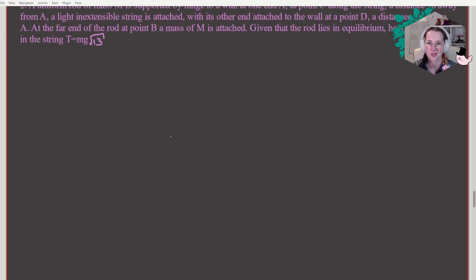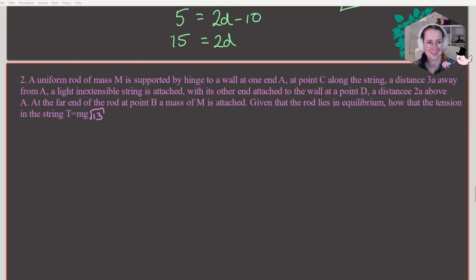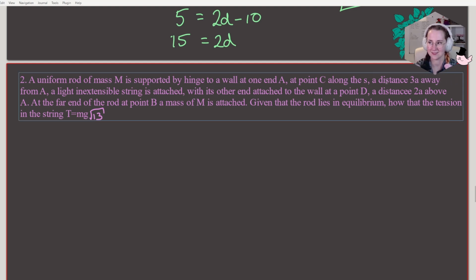Okay, next question. As always, we're going to start with a diagram. We have a uniform rod of mass M supported by a hinge to a wall at one end, A. At point C along the rod, distance 3A away from A, a light inextensible string is attached, with its other end attached to a wall at point D, a distance 2A above A. At the far end of the rod at point B, a mass of M is attached.